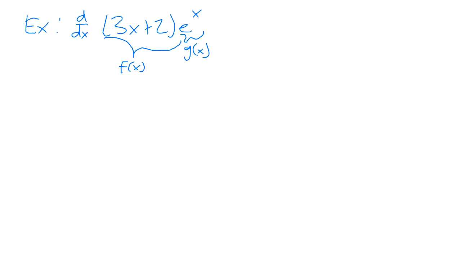So we know that our f of x is going to be equal to 3x plus 2. Now we have to find our f prime of x. So we use our power rule. We get 1 times 3, which is 3, times x to the 1 minus 1, which is x to the 0, so we just get 3, and the derivative of that 2 is just 0. So f prime of x is equal to 3.